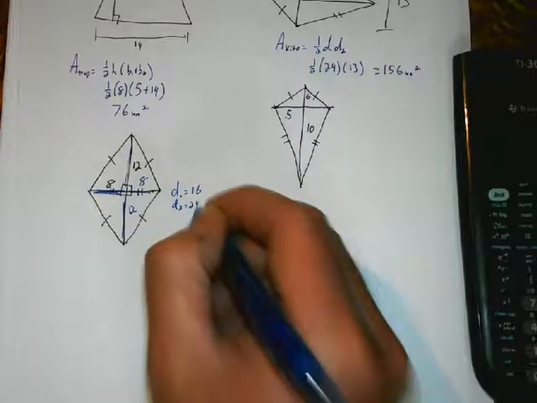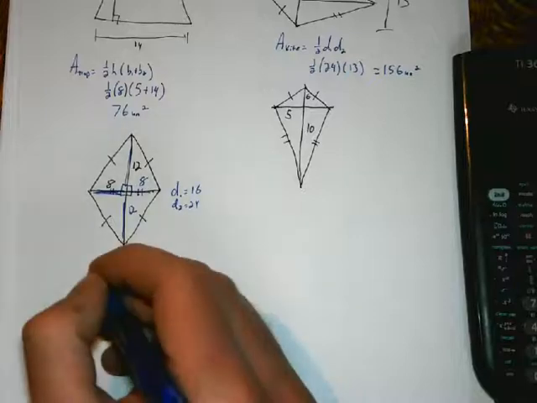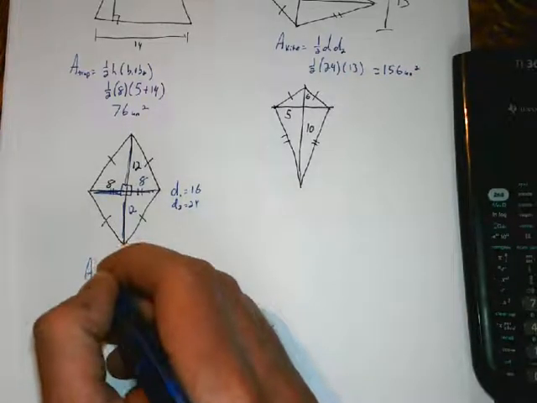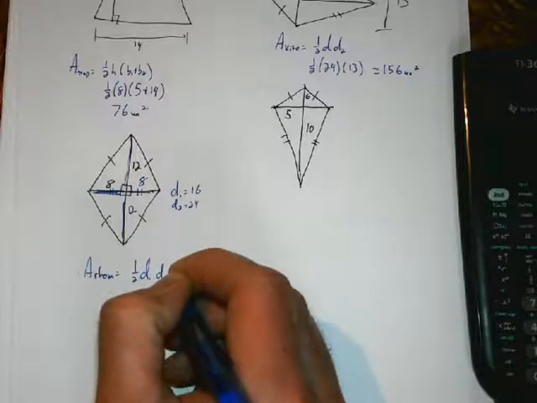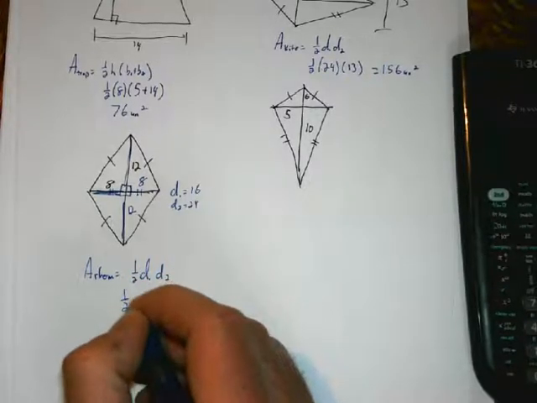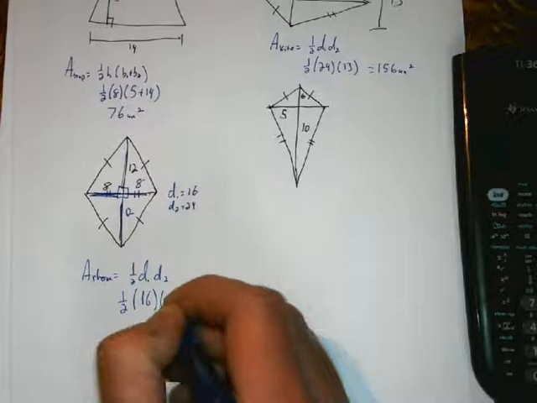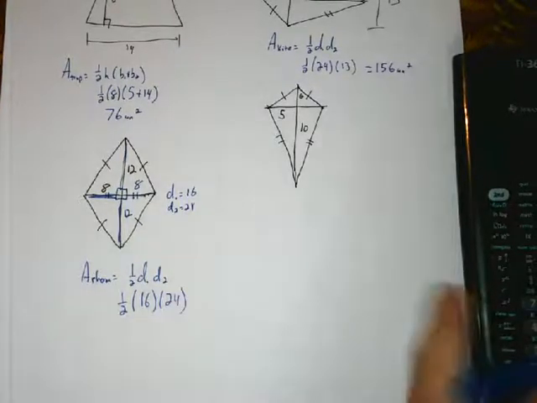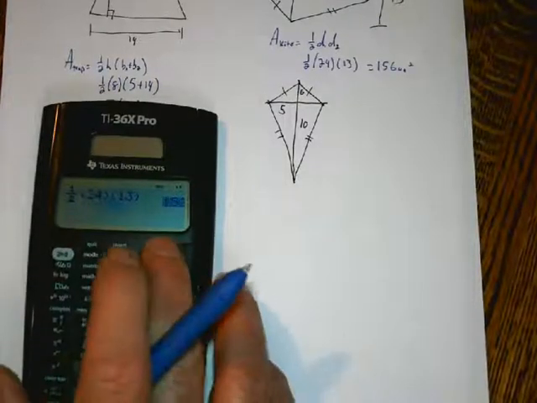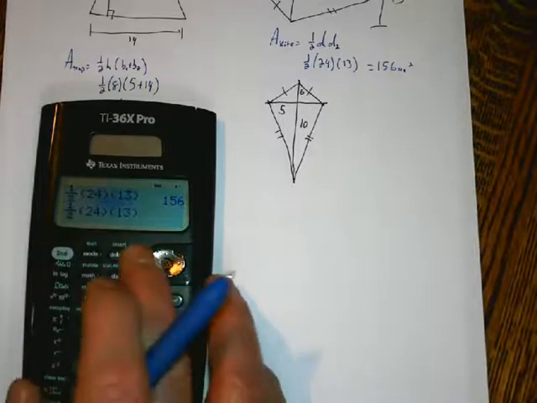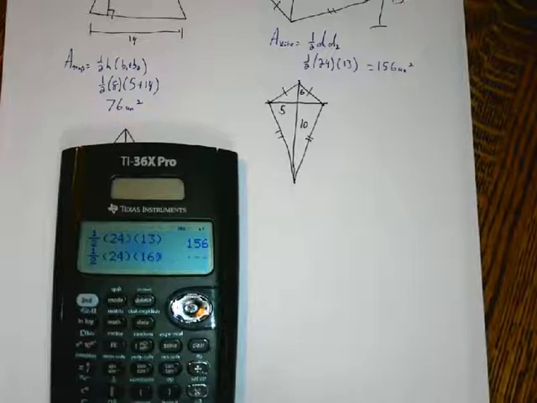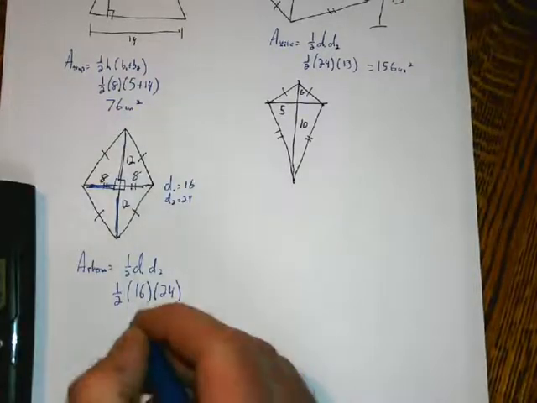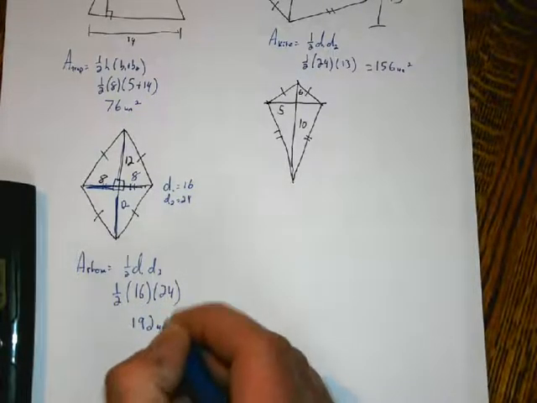So, area of the rhombus, again, 1/2 diagonal times diagonal. So I get 1/2 of 16 times 24. It's convenient. I already had 1/2 of 24 in there. Let's change that to a 16 and hit enter. We get 192 something squared.